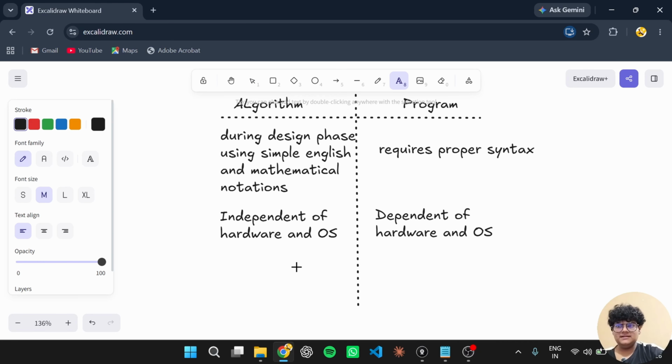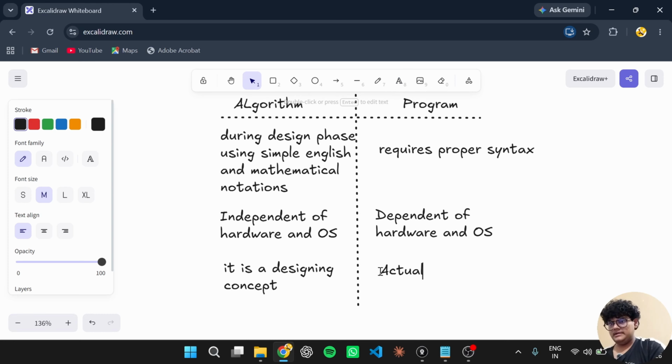As we discussed, algorithms are just a designing concept, while a program is the actual implementation of that algorithm.